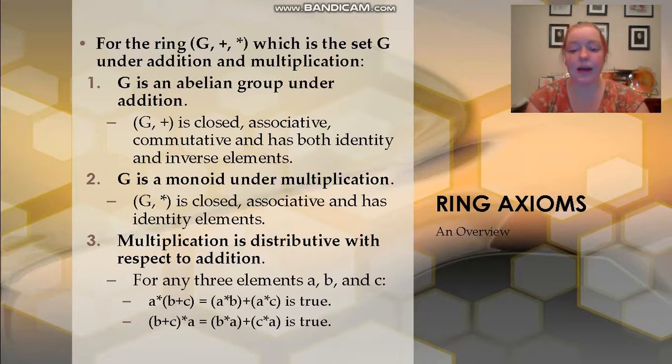That just means it has to be b times a plus c times a. And both of those answers have to be equal. It has to be both left distributive and right distributive in order to be considered distributive under multiplication with respect to addition. So if it follows all 3 of these axioms, it is considered a ring.